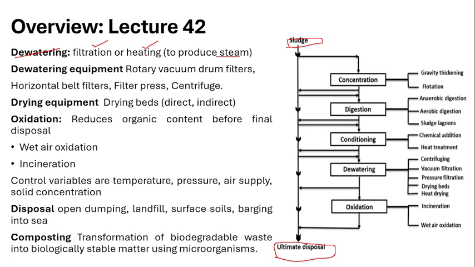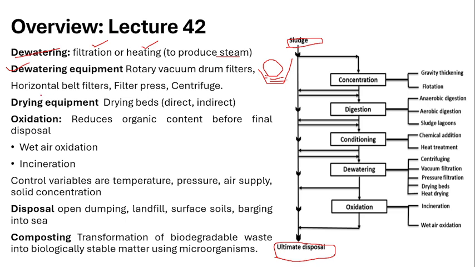So only the solid particles will be left out. So some of the equipment used for dewatering includes rotary vacuum drum filter. And this is a drum which will be in contact with the slurry. And this drum is very helpful in separation of the water from the sludge.